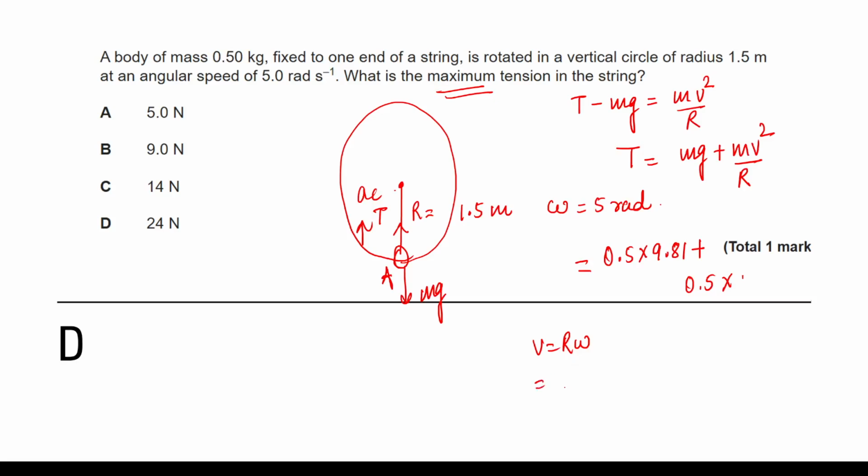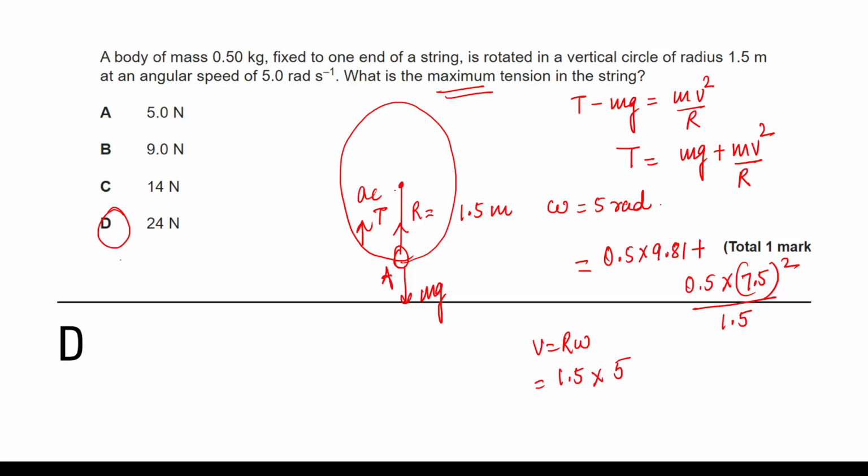I'm just not telling you unnecessary equations. Okay, times, so this is 1.5 times 5 is 7.5, so 7.5 whole squared divided by 1.5. Okay, so I'm assuming that's coming as 24 units.